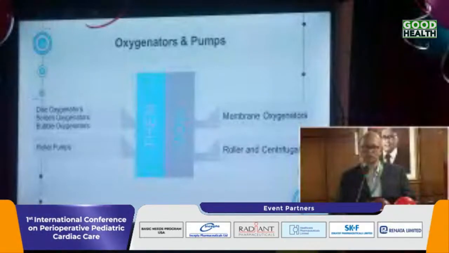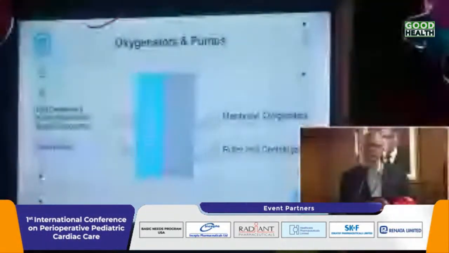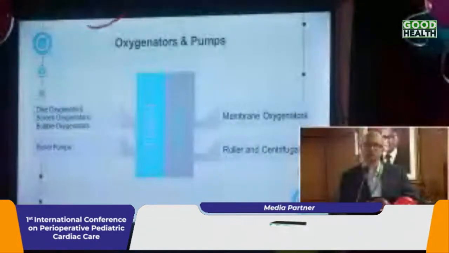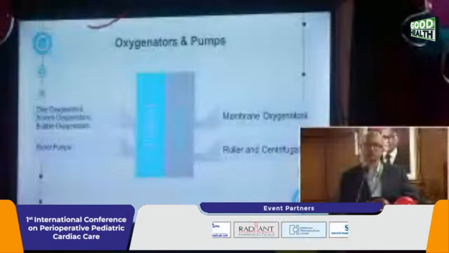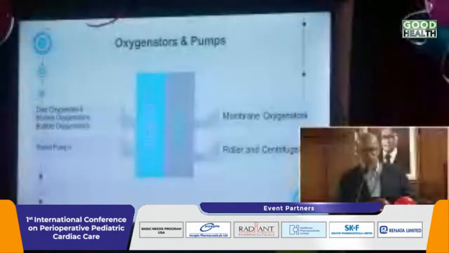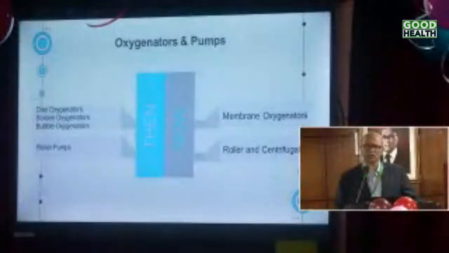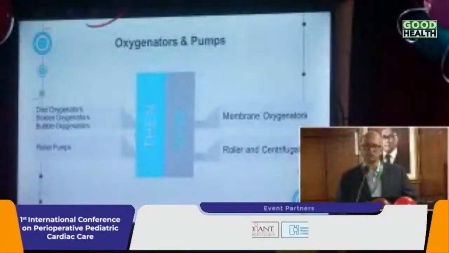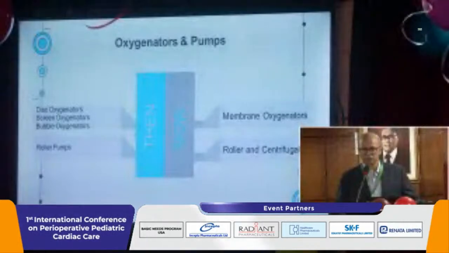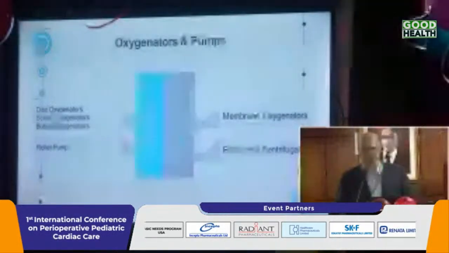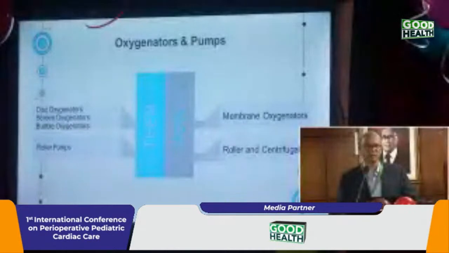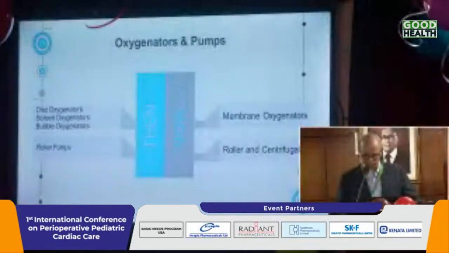Coming to the roller pumps, they were used earlier, and even now they are being used. Now we have the liberty of using centrifugal pumps for longer pump cases. But conventionally we use roller pumps because of the cost. Centrifugal pumps have more benefit when compared to roller pumps, but maybe due to cost constraints, we may be using the roller pumps.